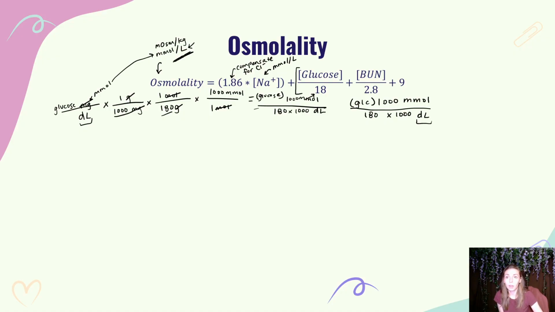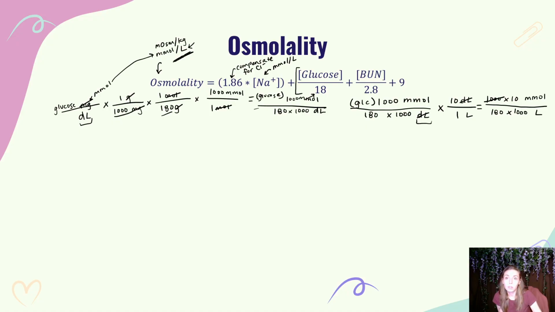So the way that I would do that is I would do 10 deciliters over 1 liter, and that's going to cancel out my deciliters, and that's going to leave me with 1,000 times 10 millimoles over 180 times 1,000 liters.